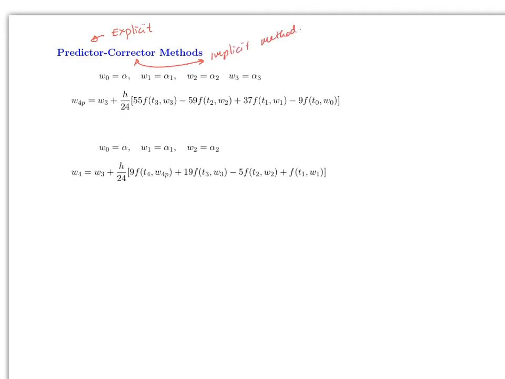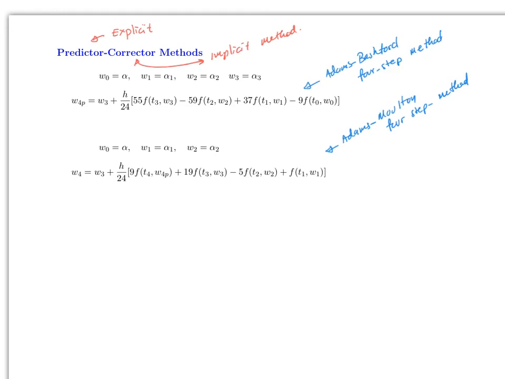Okay. This is the Adams-Bashforth 4-step explicit method, and this one is the Adams-Moulton, also 4-step implicit method.